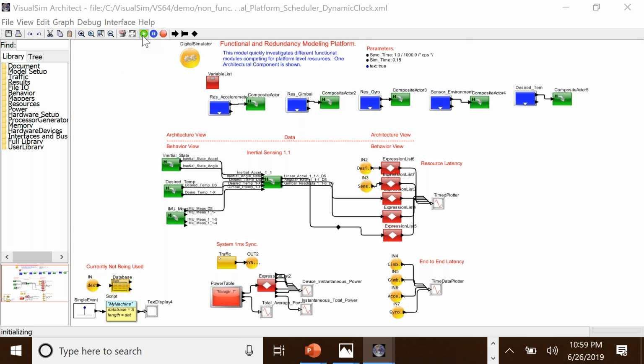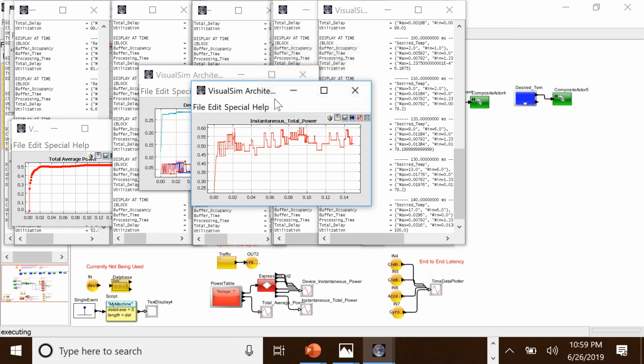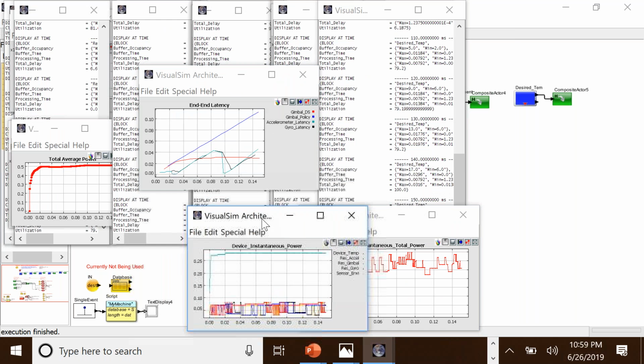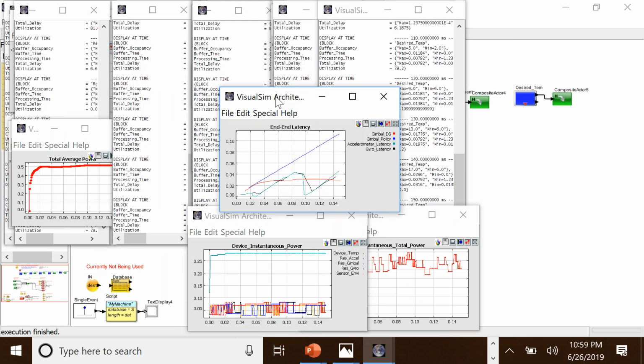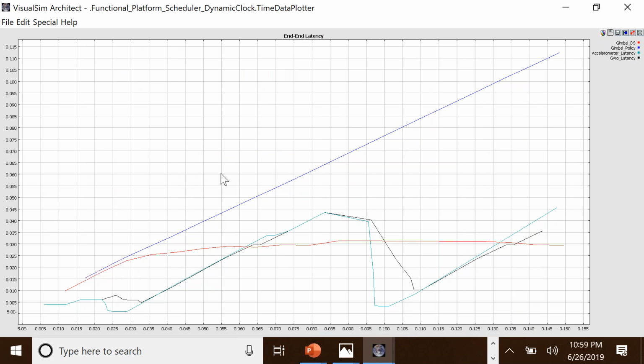So if I go ahead and run this, you get a variety of statistics. They can be power related, or they can be end-to-end latency on each of the designs. Now, one of the things that's interesting here, and I'm going to spend a minute on this one, is that if you look at the gimbal data structure, that one has a pretty smooth flow.